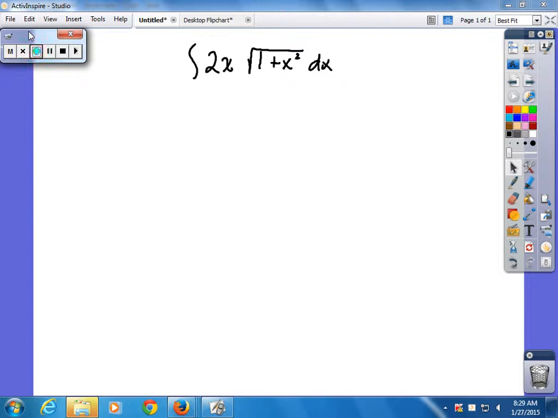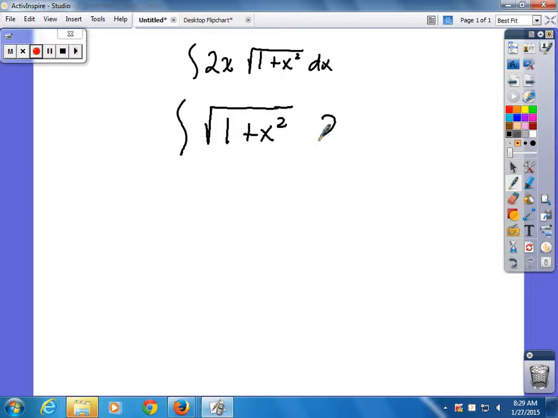Alright, first thing I would do is make sure that it's written in an order that would help with the substitution, and that would be, put this over here, so that would be the antiderivative of the square root of 1 plus x squared, 2x dx.